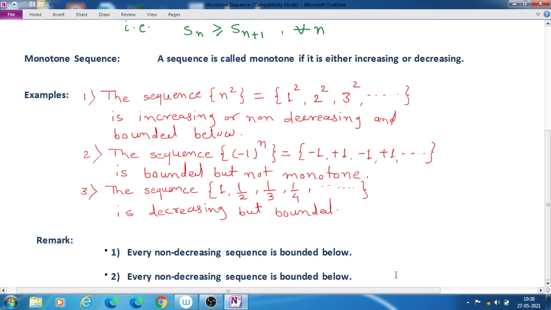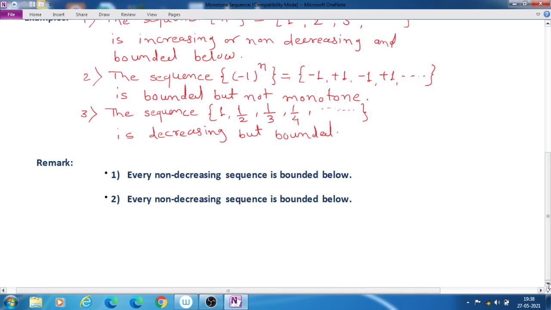Now there are two remarks, that is, things we have to remember. First, every non-decreasing sequence, that means every increasing sequence, is bounded below. We know that the sequence is increasing, therefore the first term of that sequence is its lower bound.